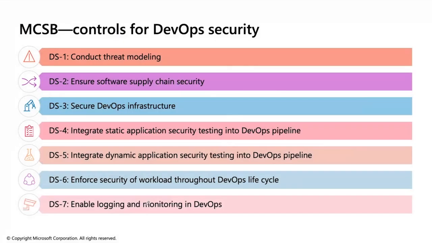These are different kinds of DevSecOps security recommendations like conducting threat modeling, ensuring software supply chain security, securing DevOps infrastructure, integrating static application security testing into the DevOps pipeline, integrating dynamic application security testing, also enforcing security of workload throughout the DevOps lifecycle, and enabling logging and monitoring in DevOps. These are the recommendations we have for DevOps security.